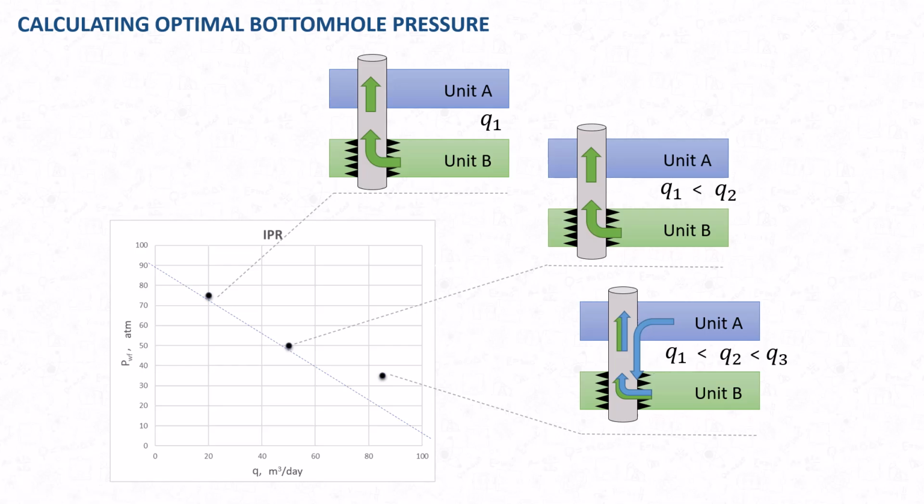If you increase the pressure drop, at some point the pressure between unit A and the bottom hole pressure across unit B will create the critical pressure gradient, which will break the cement, and you will have the behind the casing flow of water from unit A to the perforations of unit B. And that could be the problem, especially if your pump is not able to produce as much liquid. Then after this your bottom hole pressure will start to grow and your oil production will start to drop.